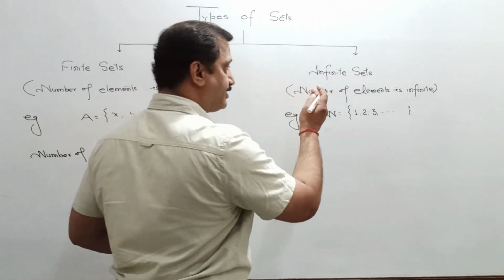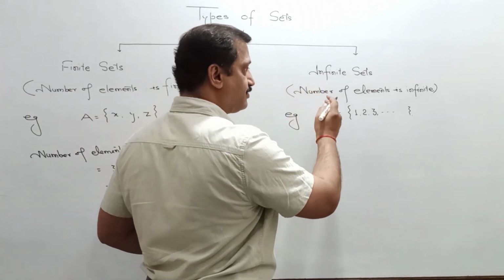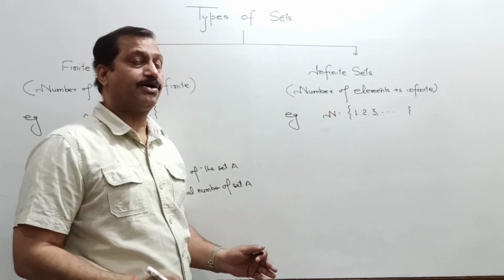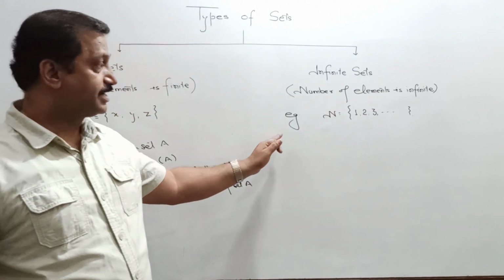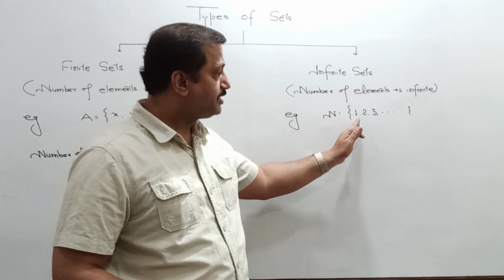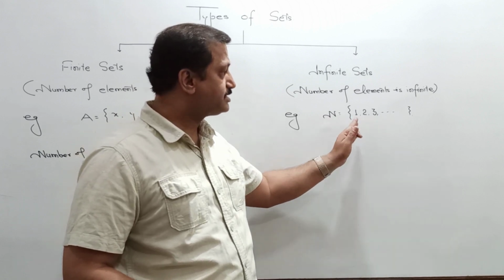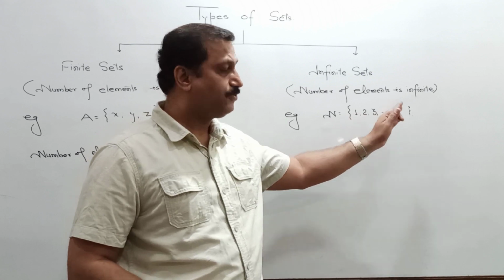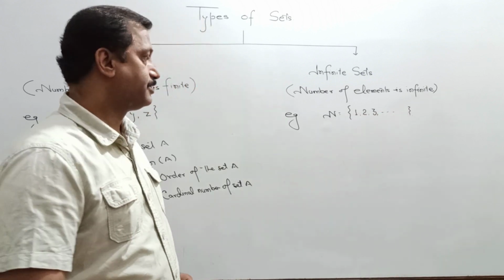Infinite sets, that sets which contains infinite number of elements. Example, this set of natural numbers, it contains infinite number of elements 1, 2, 3, 4 up to so on.